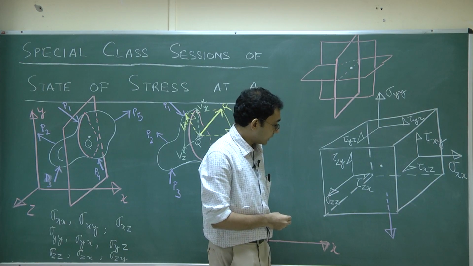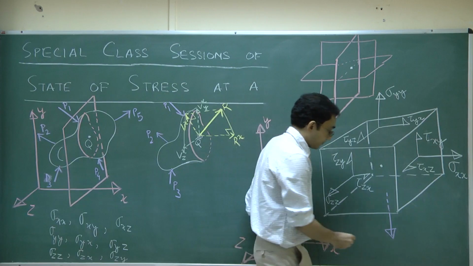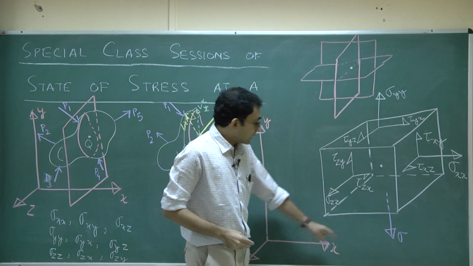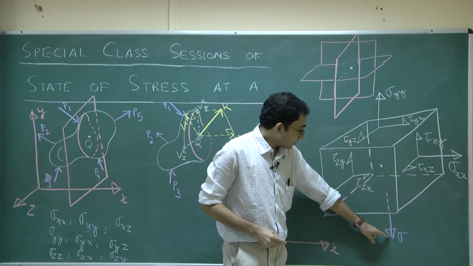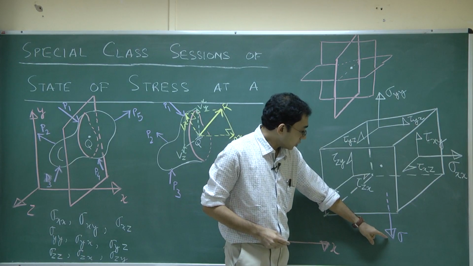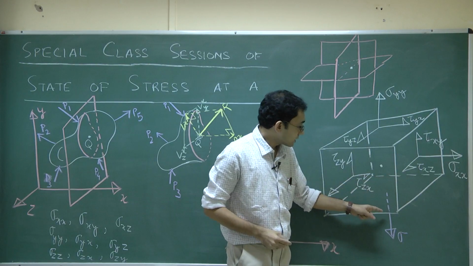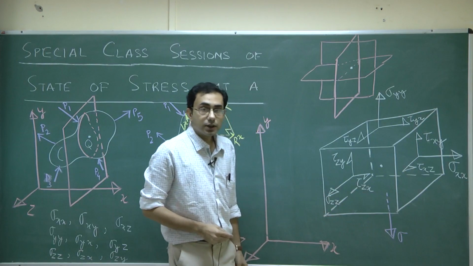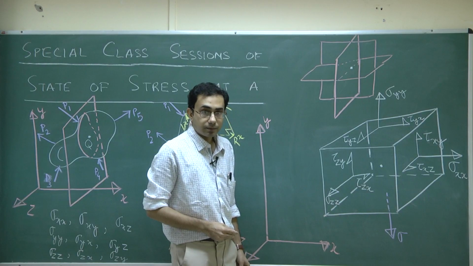What do I write for that? So, first of all, this is the normal stress sigma. This is drawn on this bottom surface on which the outward normal is along the negative y direction.